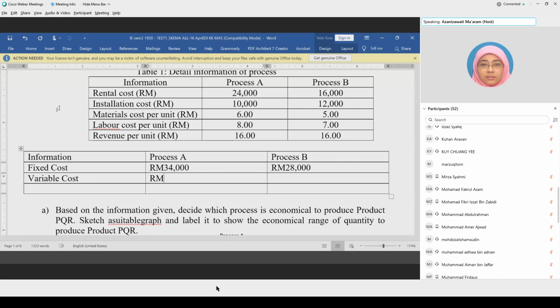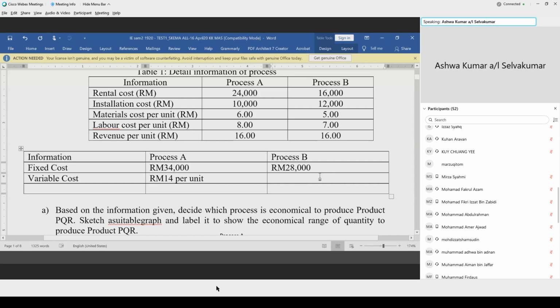Variable cost is only material and labor. Revenue is the selling price. So 6 plus 8, that is 14. 14 ringgit per unit. So this one has to be put in per unit.